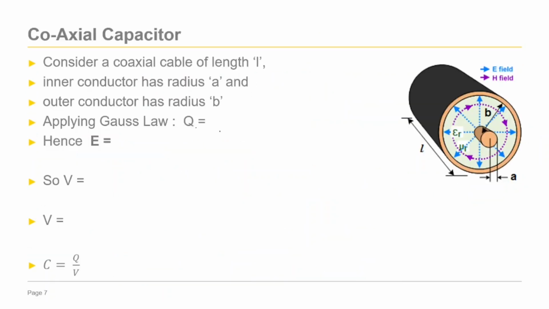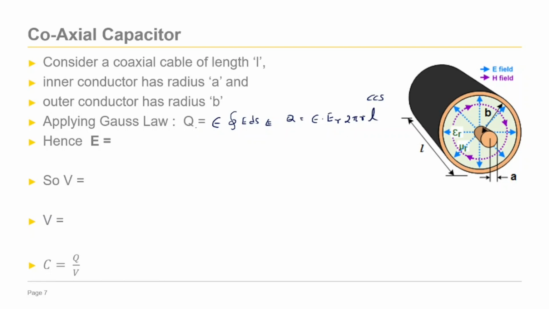So onto this coaxial cable, let us go ahead and apply Gauss law. The charge that we are going to speak of here, as per Gauss law, is going to be epsilon times the closed integral of E ds. So applying our cylindrical coordinate system and applying integrations, you get that your charge here is going to be epsilon times ER, because it radiates outwards in the R direction, times 2 pi R times the entire length that we have here.